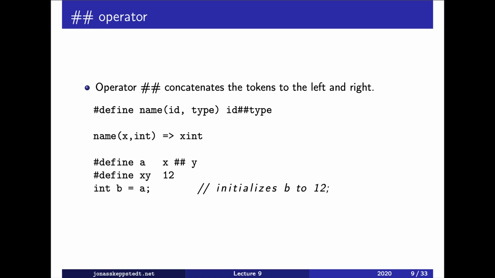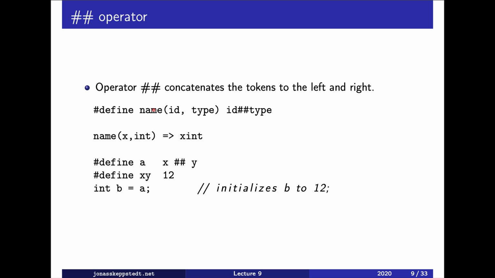And why would we want to have that? Well, one example is if we implement a function that should have implementations for different types, but the code is really the same, I mean, it looks the same except the type. Then we need to have different names for these functions, and we can create them like this.